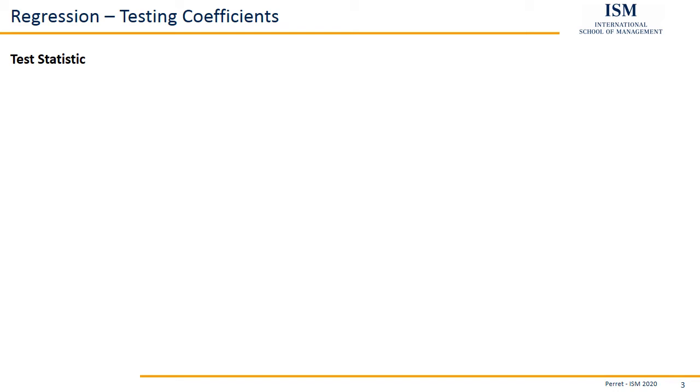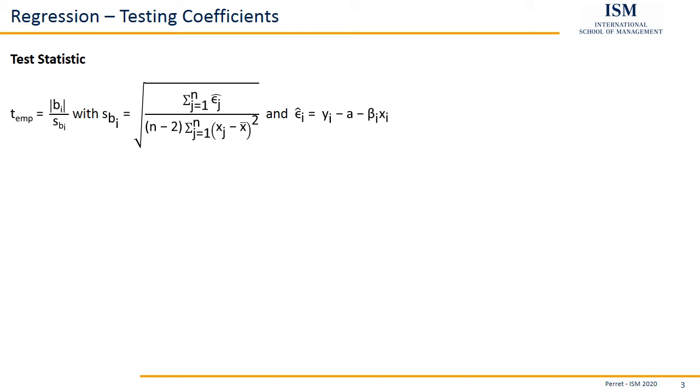That's here 0. So we only need the standard error. The standard error is like the counterpart for the standard deviation. And then we get a very easy test statistic, which is just coefficient bi in absolute numbers, so without any sign, divided by its standard error.